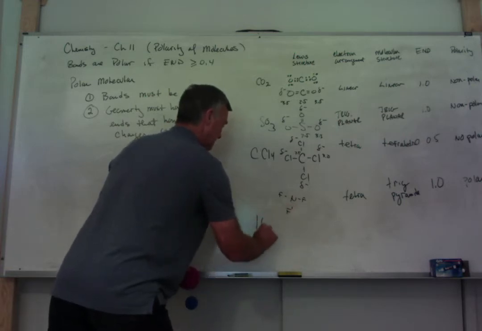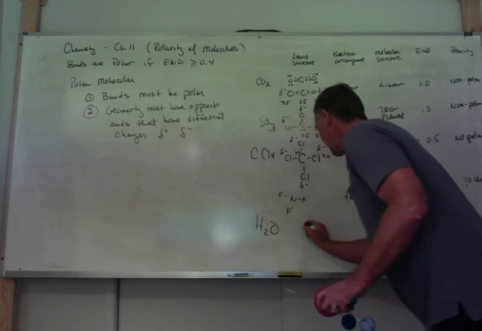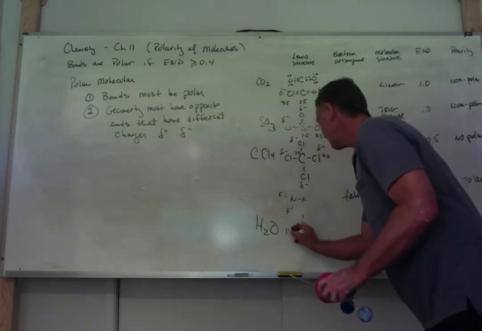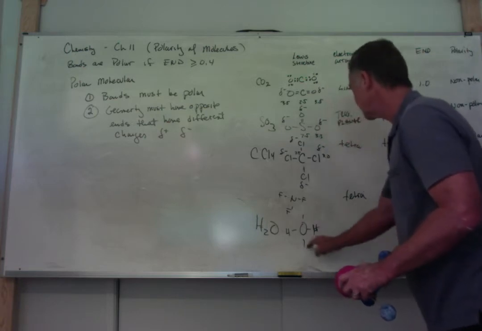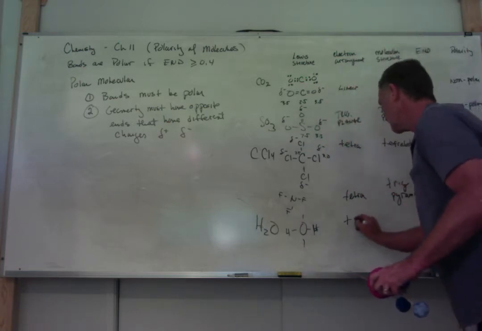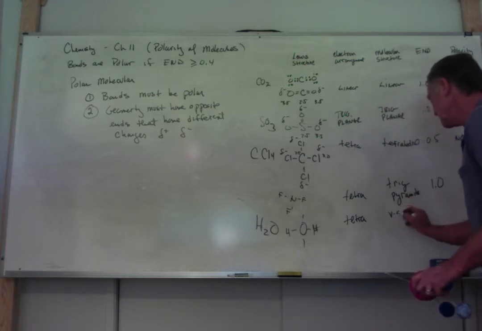Let's do water, H2O. H2O is oxygen with hydrogen on two sides and two unpaired pairs. As a result, it is tetrahedral, but we would call this V-shaped, or I actually like bent better. It's a bent molecule.